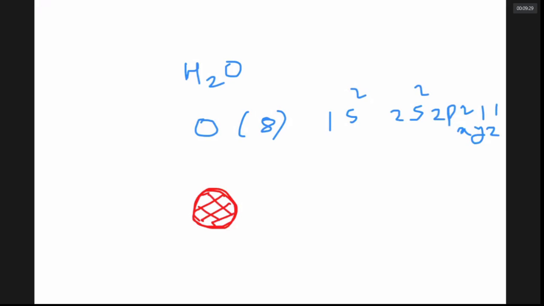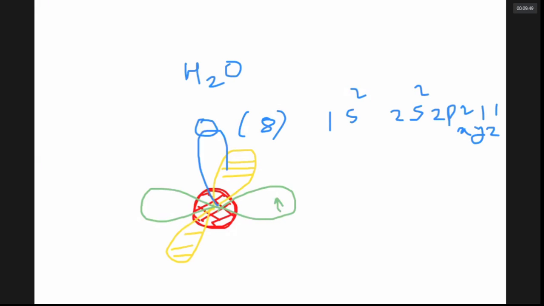This is the 2px orbital that has 2 electrons not involved in bonding. It is the 2py orbital that has 1 unpaired electron, and the 2pz orbital that has 1 unpaired electron. This is the diagram of oxygen.